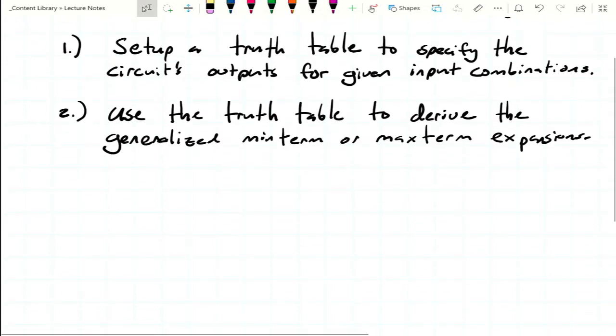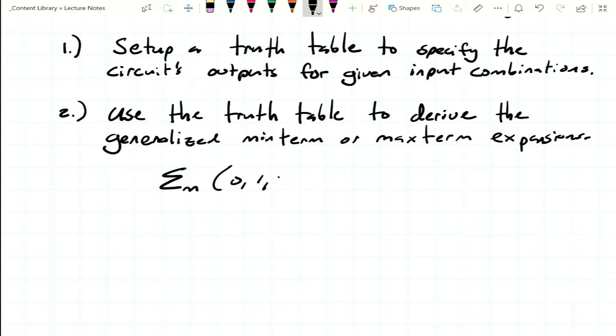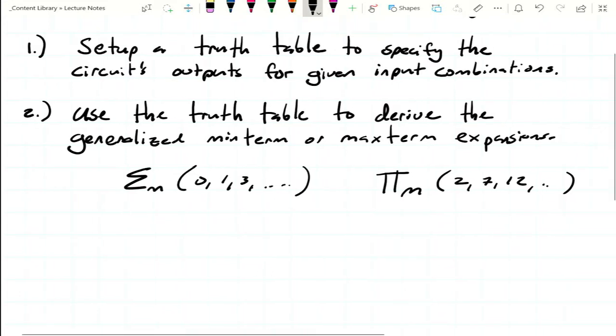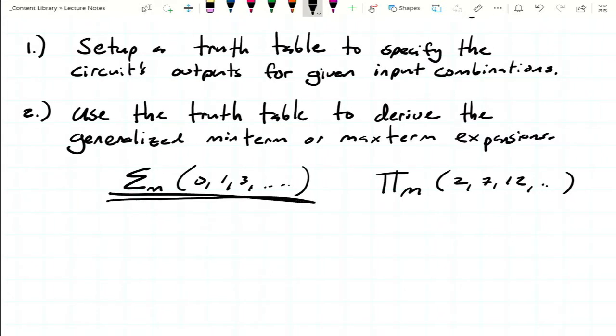Right, that is, f is the sum of min-terms 0, 1, 3, so on and so forth, or it's a product of max terms 2, 7, 12, so on and so forth, right? So you're going to take the truth table, look at all the rows where you got 1s and 0s, and get your expressions for your generalized min-term or max-term expansions. Again, depending on if you want to get a sum of products or a product of sums.